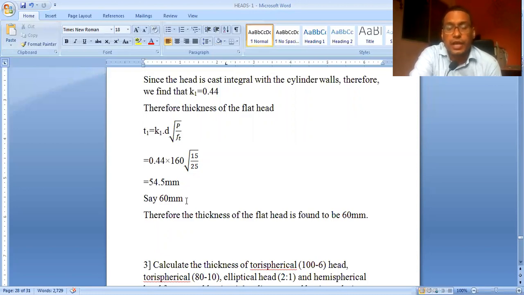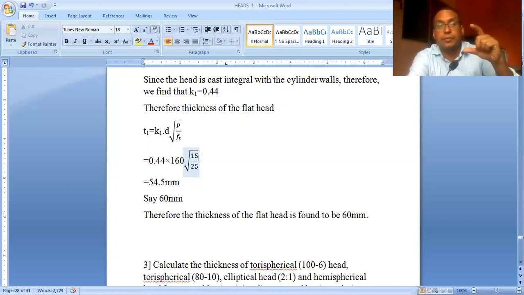So 60 mm, that means 6 centimeter thickness, will be required. So only for a pressure of 15 kgs per centimeter square, you are requiring 6 centimeter thickness. 6 centimeter thickness, a huge thickness.